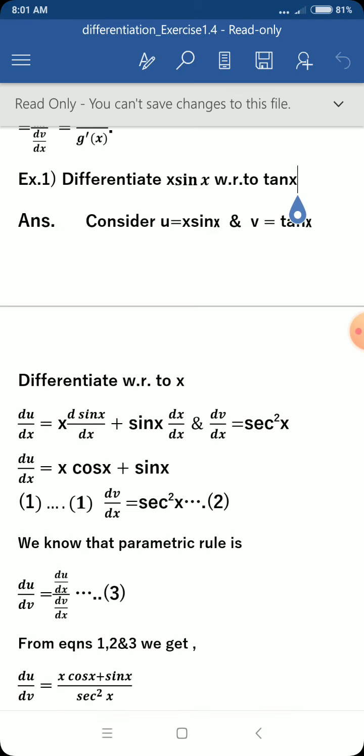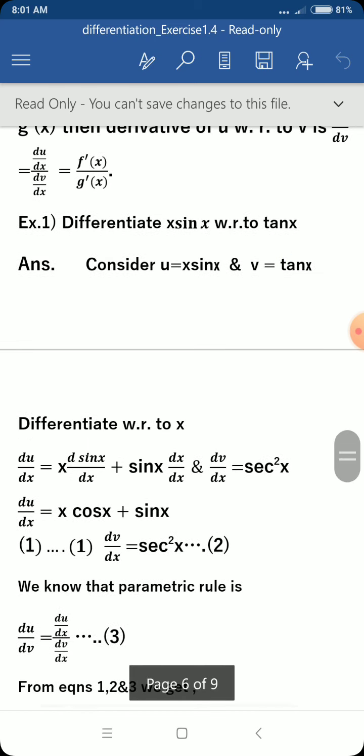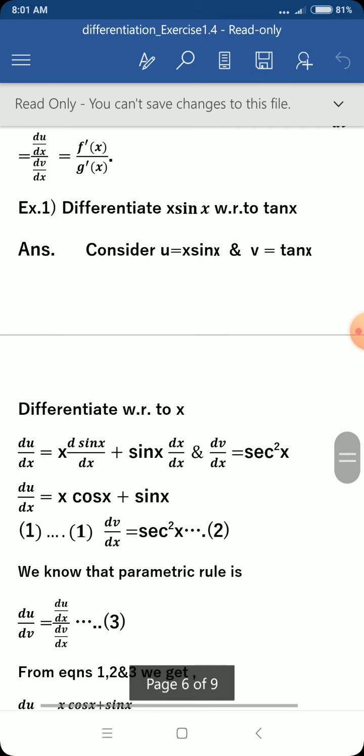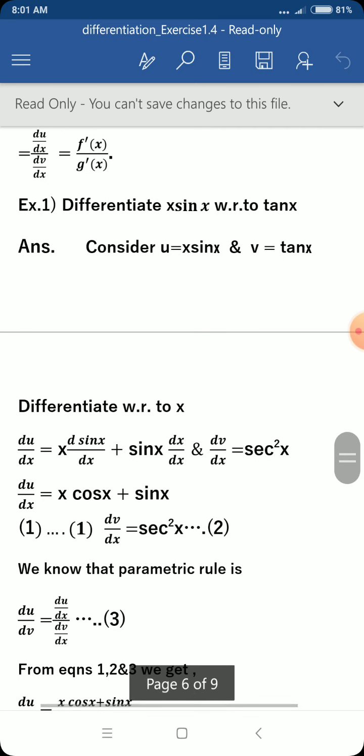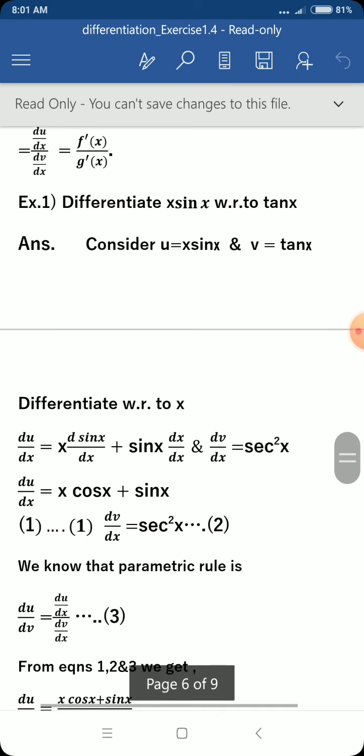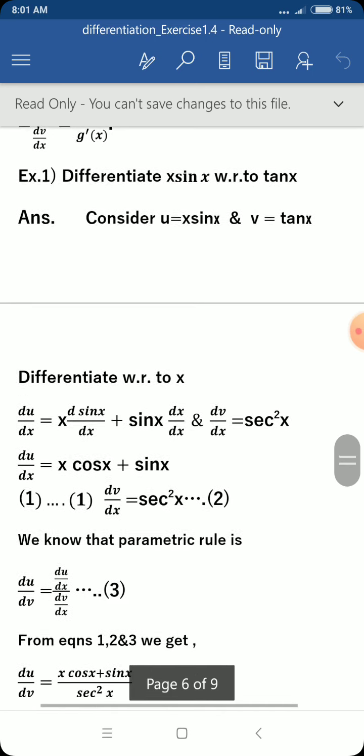For the first equation, the derivative of u is du upon dx equal to the derivative of the RHS. Here it is the product of two functions, x into sin x. Therefore, use the product rule. The derivative of x into sin x is x into d/dx of sin x plus sin x into d/dx of x.